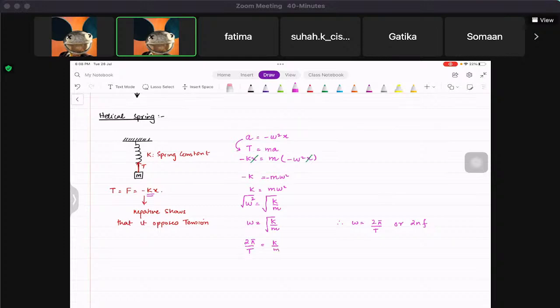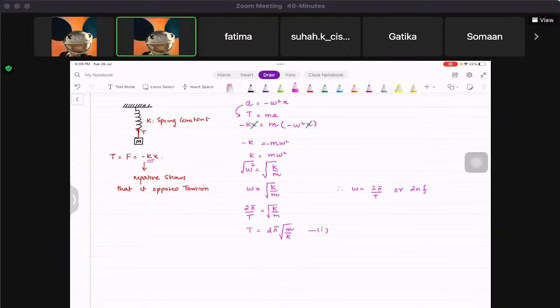So the time period then can be written as 2 pi, and here, because I've taken reciprocal, m will be on top, k will be on bottom, like this. So this is one equation you can find time period with. And if you really want to find the frequency, frequency will be 1 upon 2 pi root k upon m. So that would be the same thing, and it can be simply derived like this.